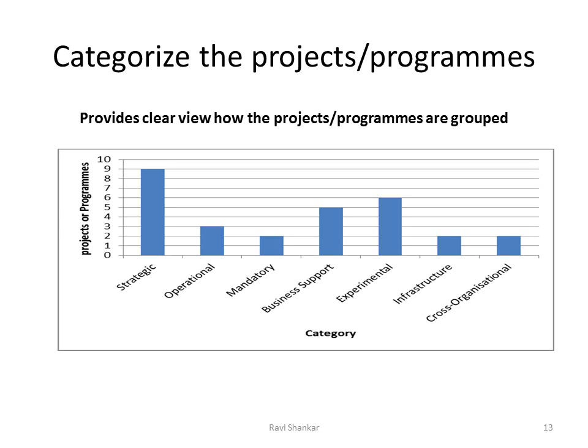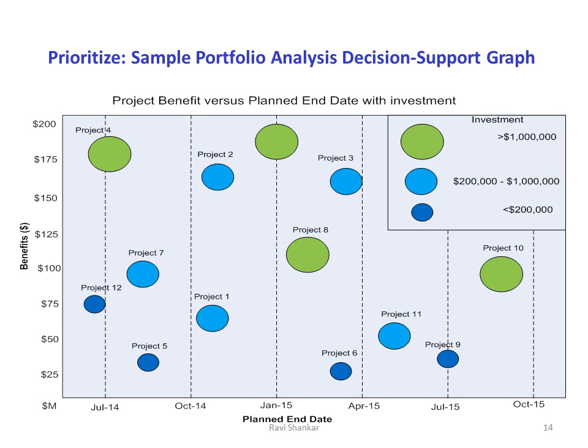So capture how many projects or programs are there in each category. And this bubble diagram will explain the planned end date for implementing it, when we are going to realize the benefits, and the bubble size shows what investment is required.